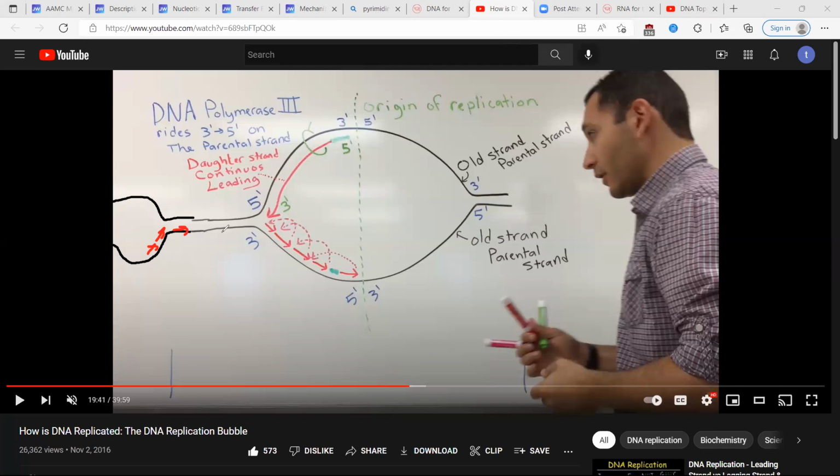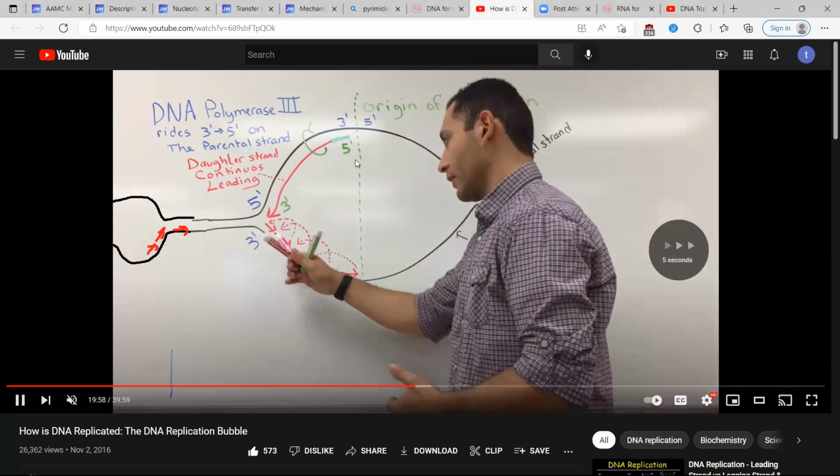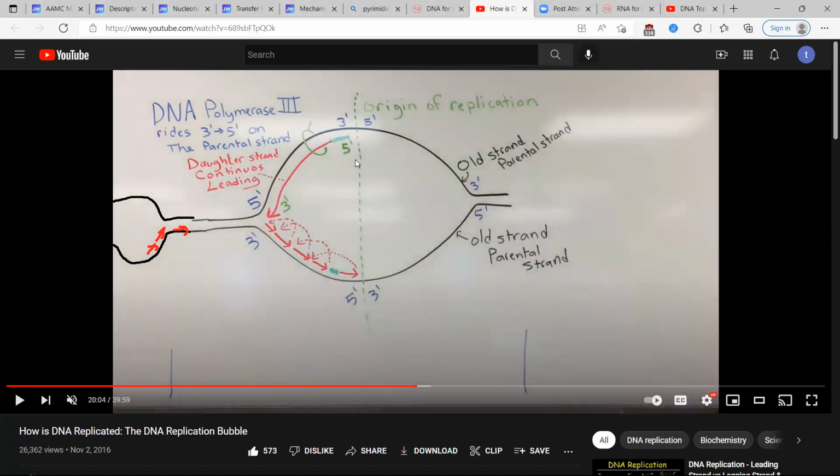And eventually they will link up. Does that make sense? Okay. So, oh, actually, I didn't need to delete that. That's fine, I guess. Okay. So that's the difference between the 3 to 5 and the 5 to 3.